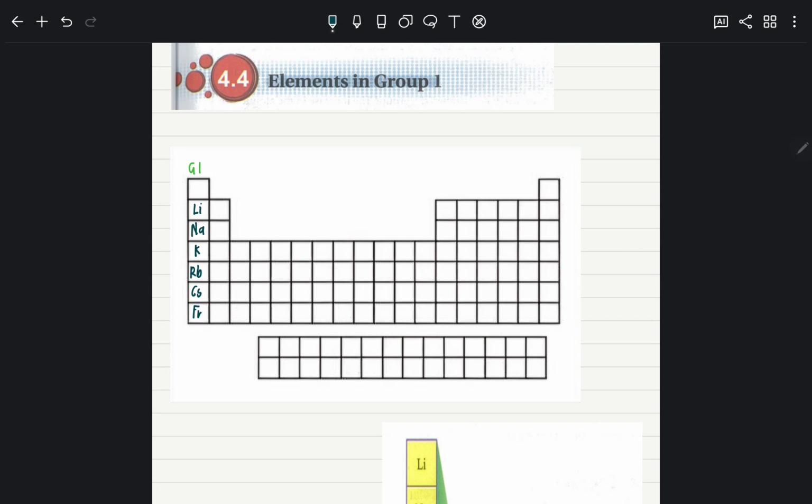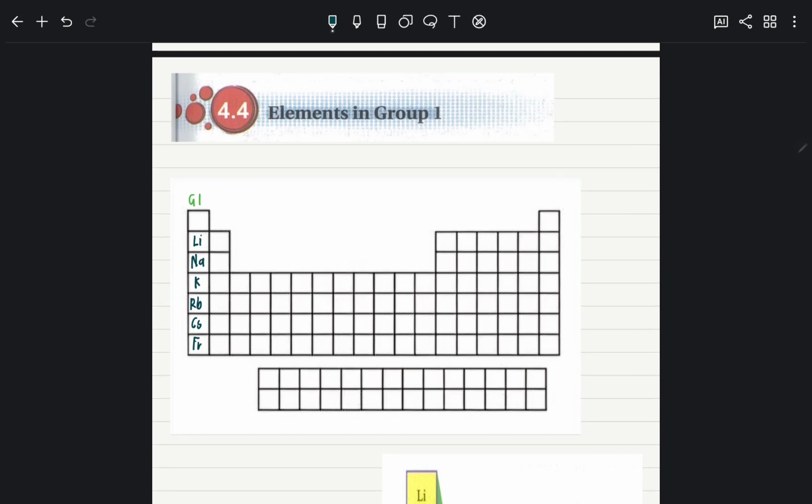And do remember for group 1 we have another name, the very famous question in exam. The name is alkaline metals, or alkali metals. It's better to use alkali metals lah, sebab buku teks guna alkali metals. So this is the other name. Apart from group 1 elements, we call them alkali elements.